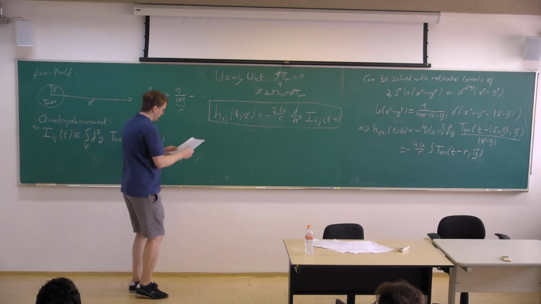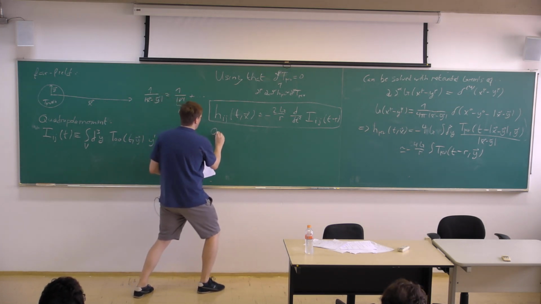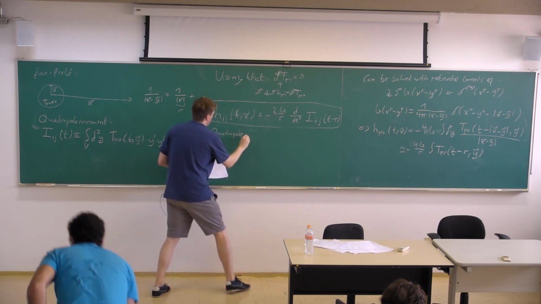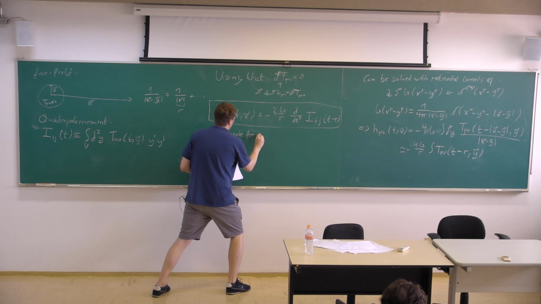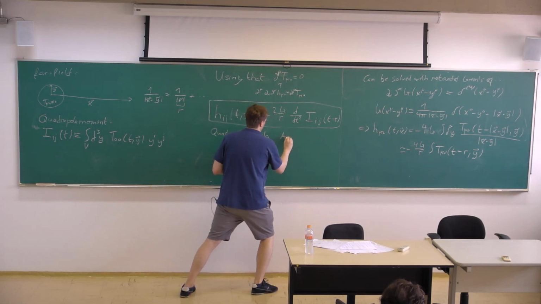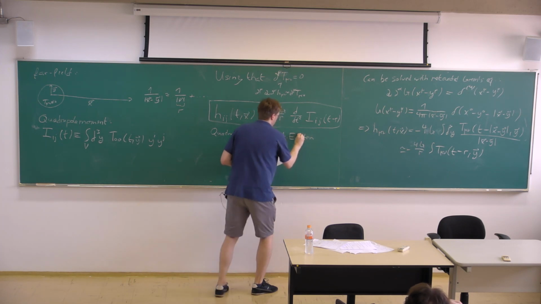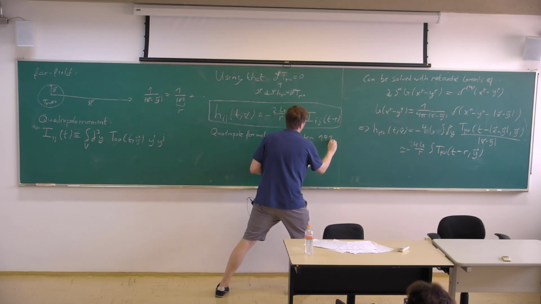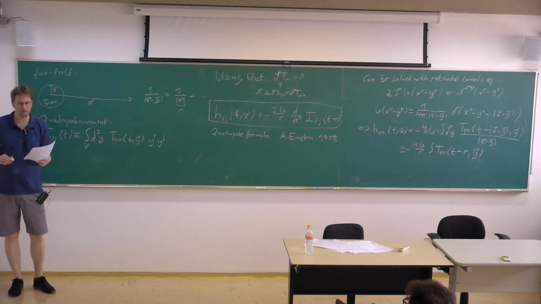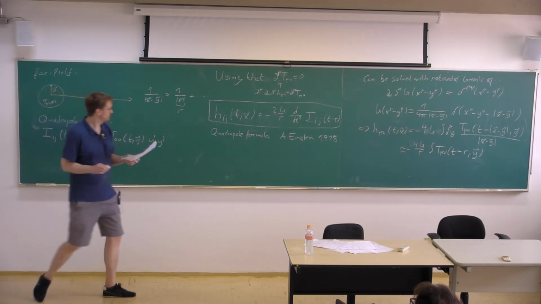And this is the so-called quadrupole formula, which was first derived by Einstein already. That was at the time when he thought gravitational waves were real, and I think he changed his opinion again, I'm not sure.